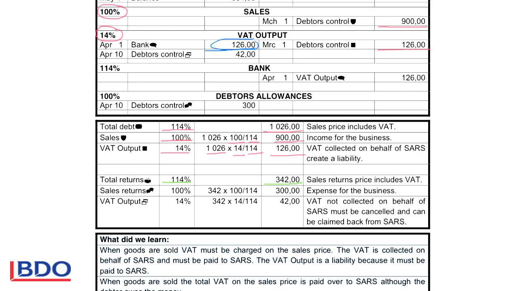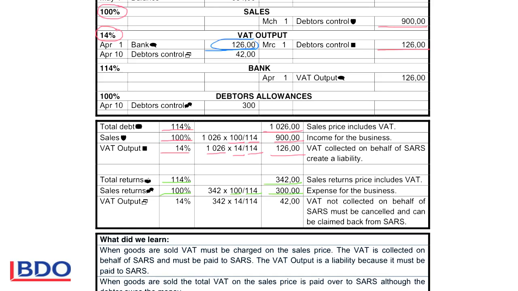So if we want to know with how much profits our business will reduce, then it means we have to work out what is 100%. So the 342 divided by the one that we want to know, 100, over the one that we know, so we divide by 114 and that will give us 300 Rand.